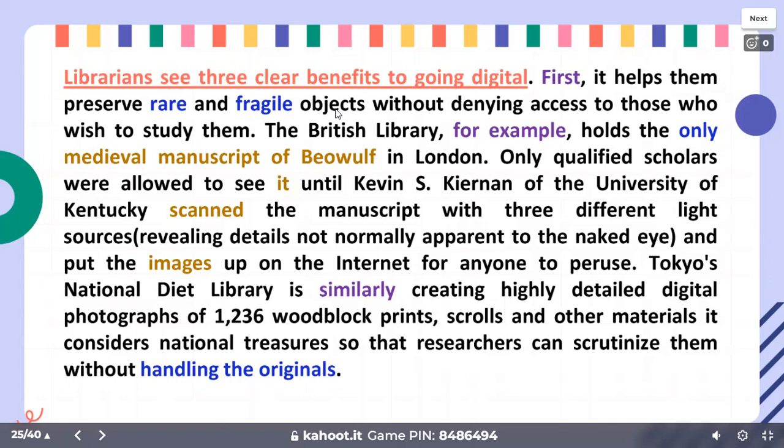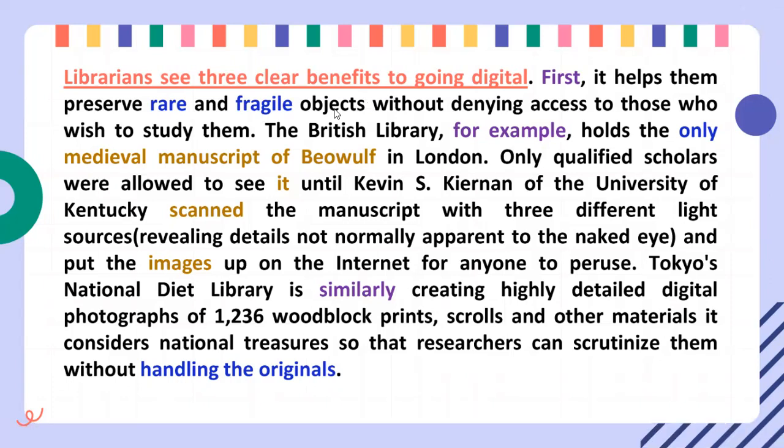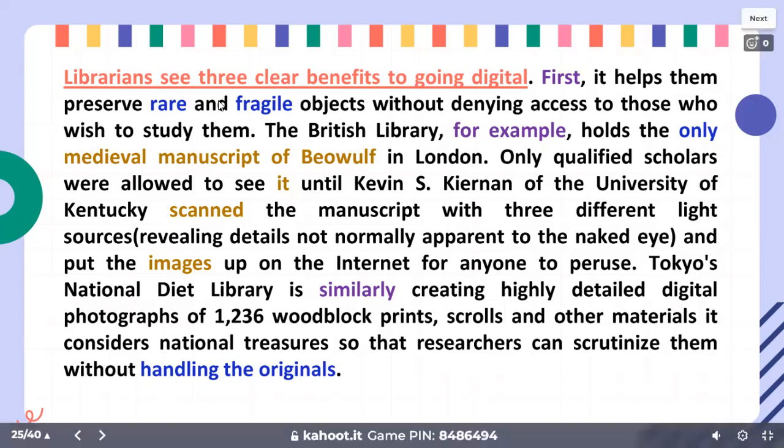Now, look at this idea. Is it general or specific? General. Yeah, very general, because I don't know what he is talking about. Okay, you said rare. Can you give me an example? You said fragile. Can you give me an example? So normally the tendency when writers write is that they start with something.